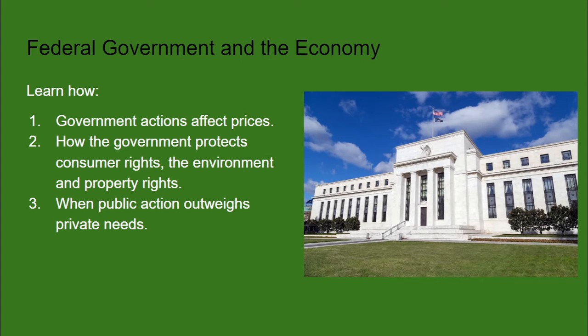And after that, we have to move on to the federal government and the U.S. economy, how the government does things, it spends money on things like schools and roads and military, law and order, that kind of stuff, how that spending of money affects the economy overall, how it affects prices, what people will do, how does it affect our incentives, how the government overall protects consumer rights, the environment and property rights, how all those things interact with each other, and weighing when public action has to outweigh private needs and the trade-offs that are involved in that, which will then link back to the first one.